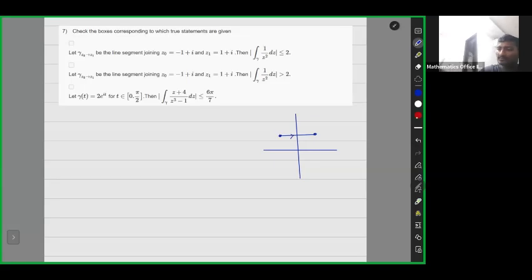So this is our path, starting from here, ending here. So let's say we calculate the integral. Let's start calculating modulus of the integral over gamma of 1 by z square dz.